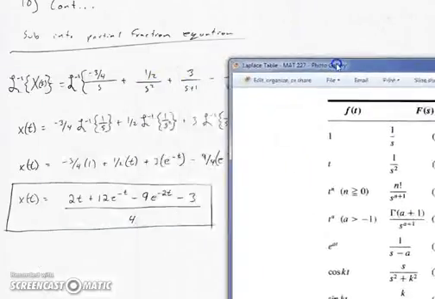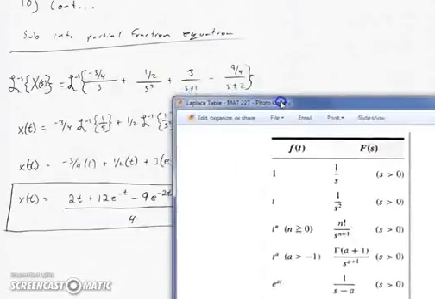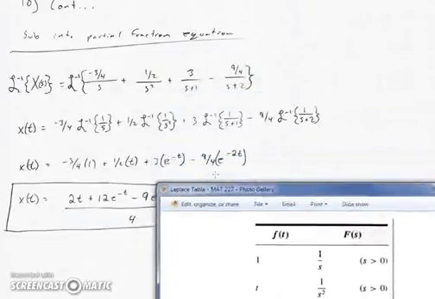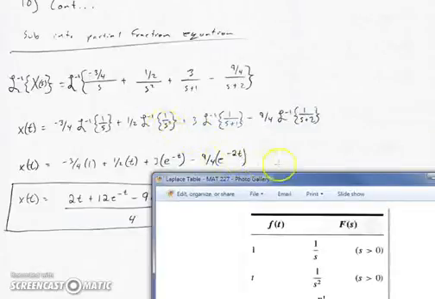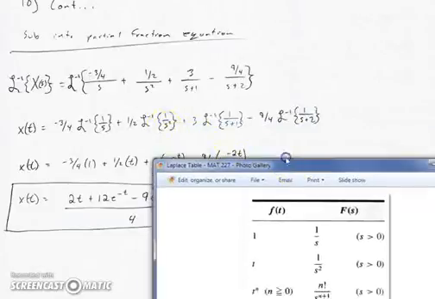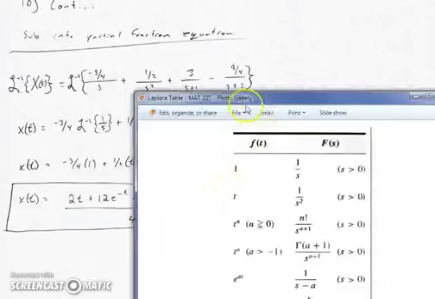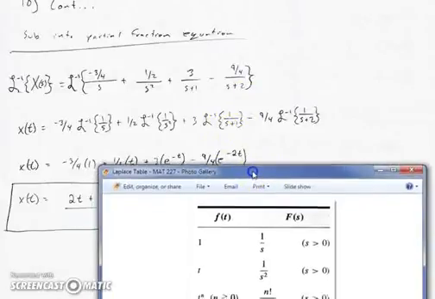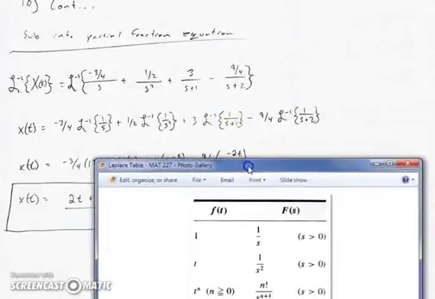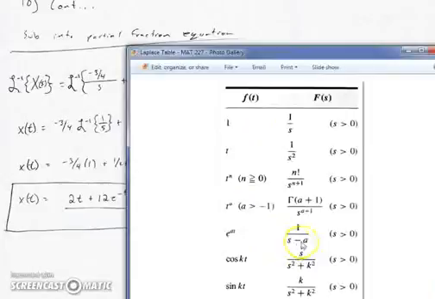And then looking at the table again, if you can see that, our first term is 1 over s, so it's right here, and that's going to equal 1. Our second term is 1 over s squared, which is going to be t. And then our third term is 1 over s plus 1, which is the same as 1 over s minus negative 1, which would be this term here.